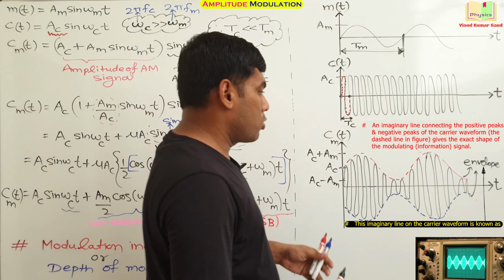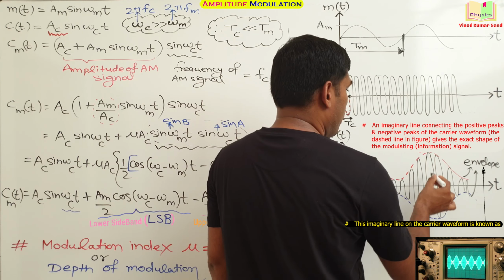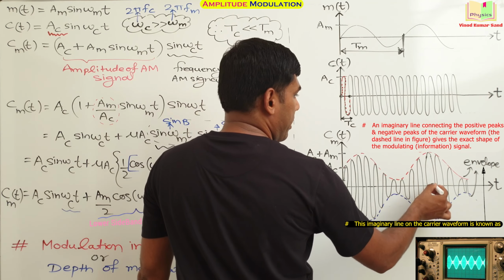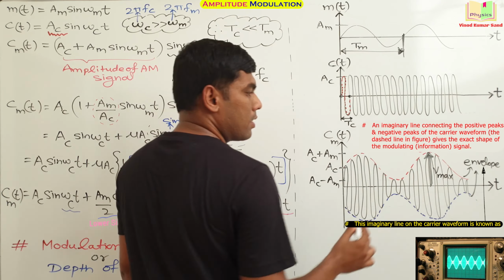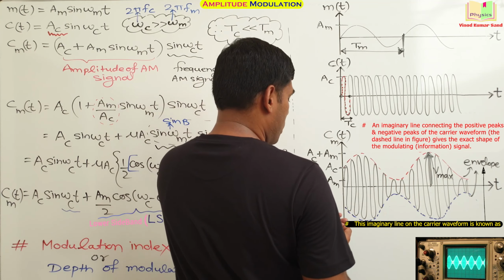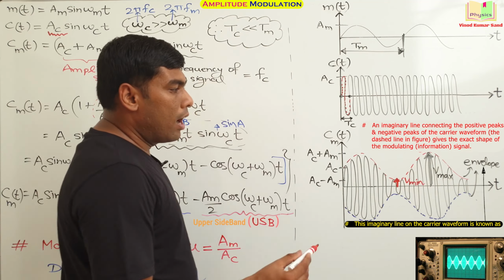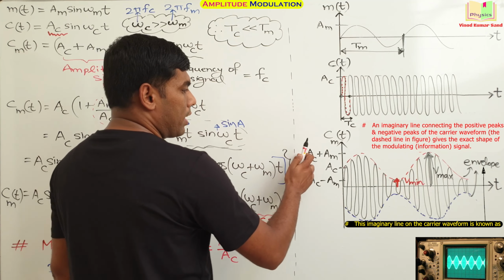Now, in oscilloscope, you can see the AM signal very clearly. And in oscilloscope, let's say this is the maximum voltage level. I'll indicate it here as Vmax. Done. And this voltage level we are going to write as V minimum. Then how much is V maximum? Look at this.